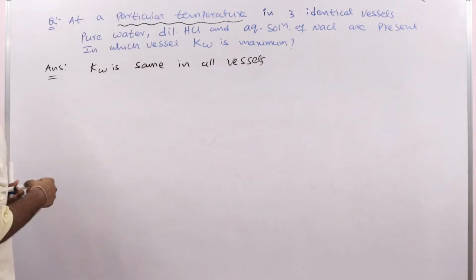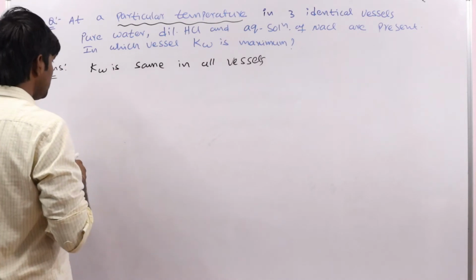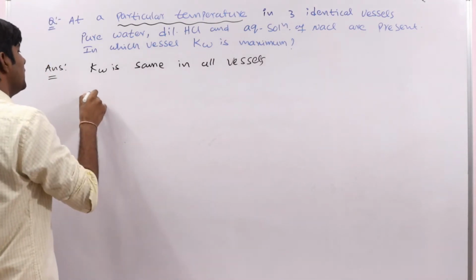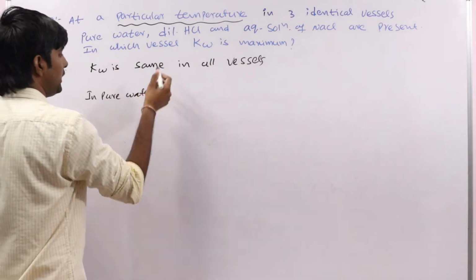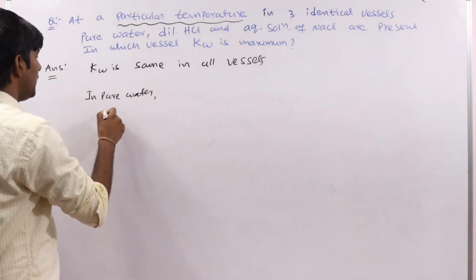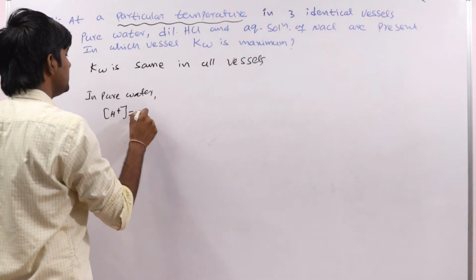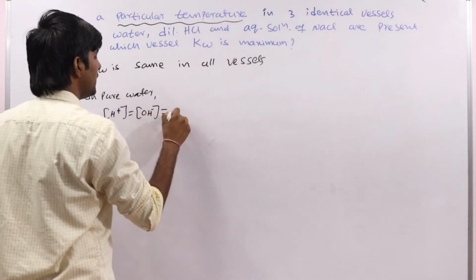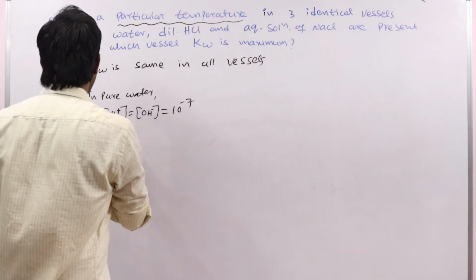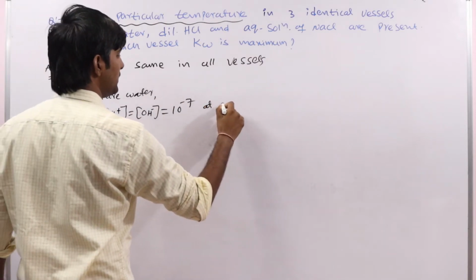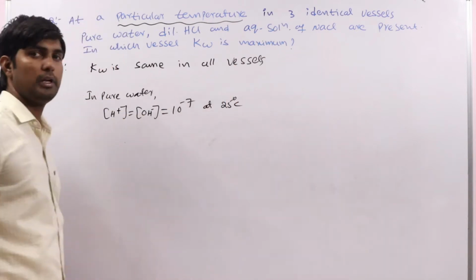Okay, so let us see first. Suppose here in pure water, already we discussed in the Kw, in pure water, H plus ion concentration is equal to OH minus ion concentration, that is equal to 10 power minus 7 at 25 degrees centigrade. All these discussions are at 25 degrees centigrade.